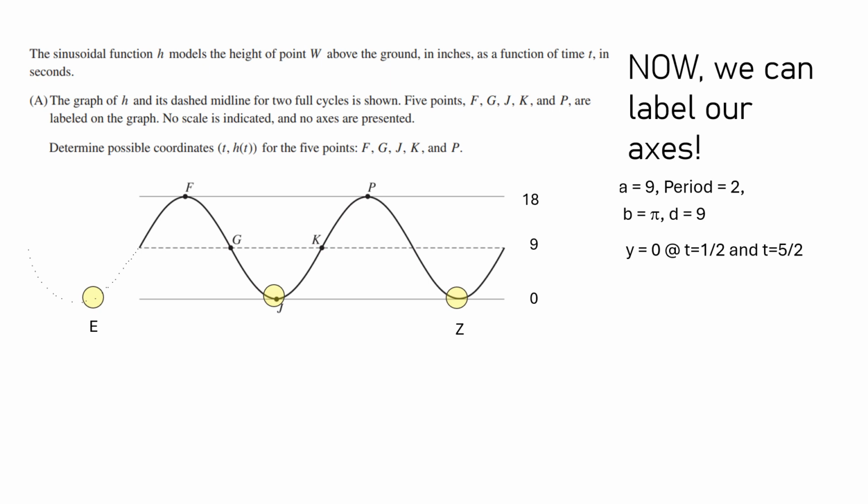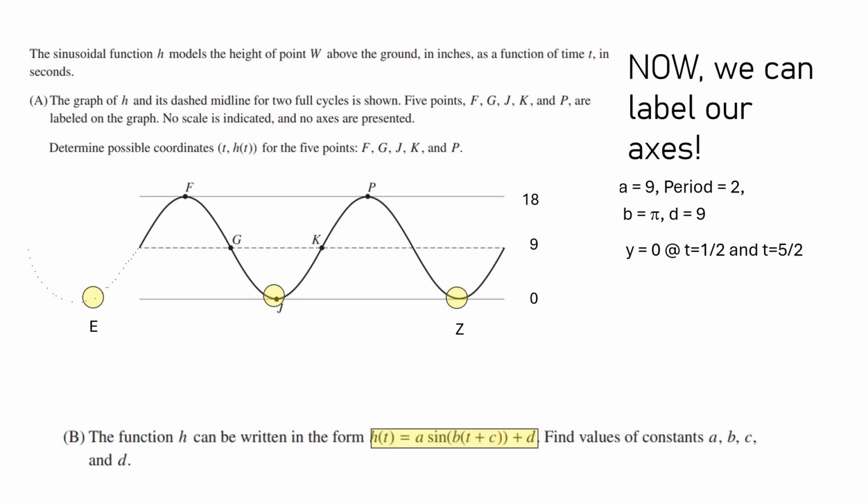Either we can make J time 1/2 and Z time 5/2, or E time 1/2 and J time 5/2. And we know that it's a sine function, so we know our sine function is going to start on the midline.